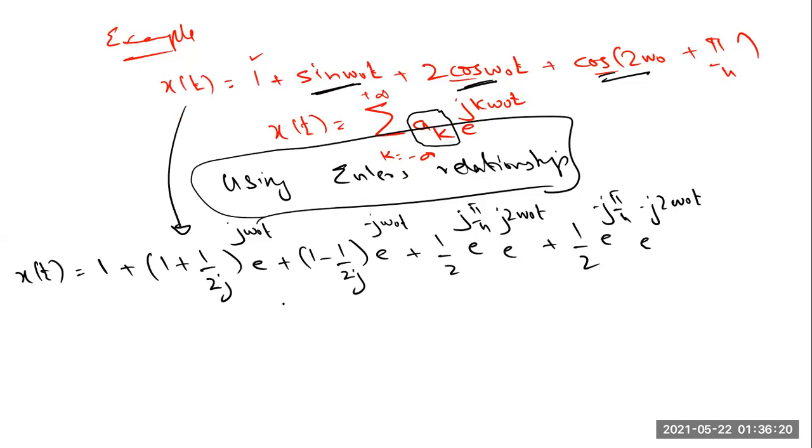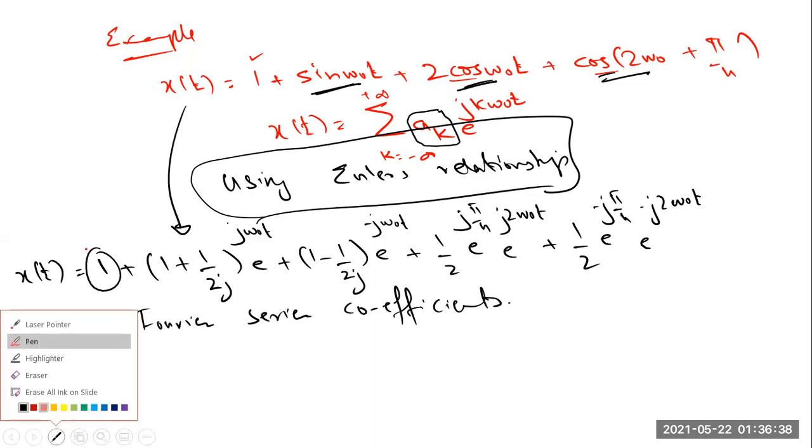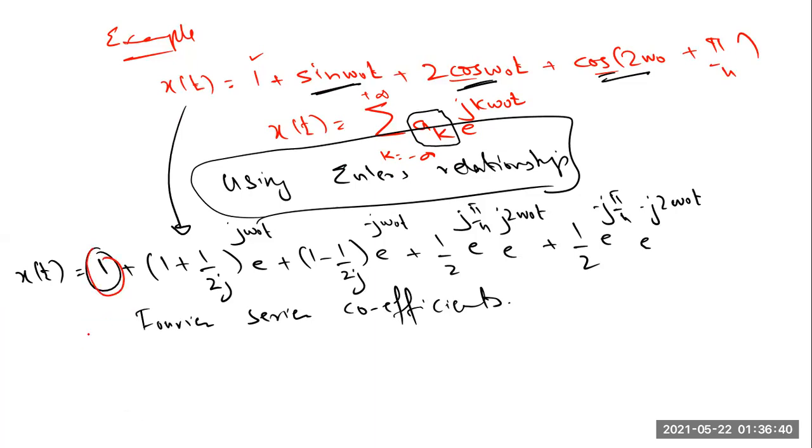Using Euler's relationship, you can represent this signal. And now you can easily find out what the Fourier series coefficients are. So this is a naught. This one is A1.